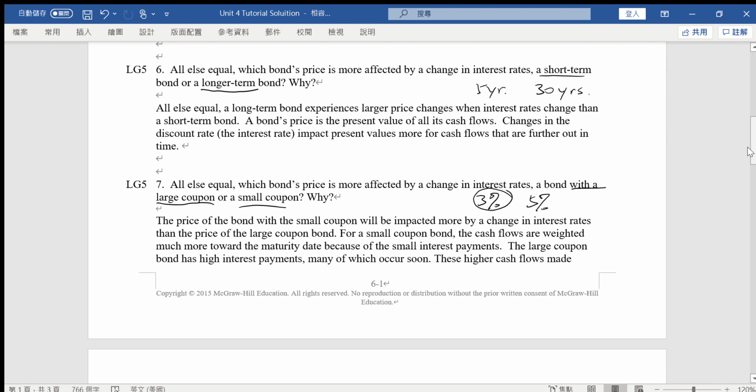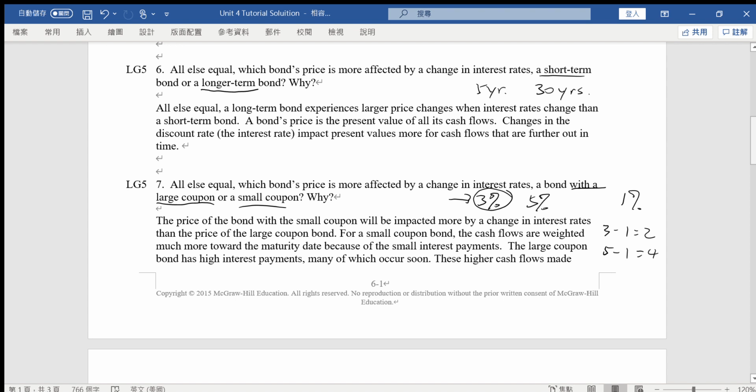Because this one is more sensitive in nature. Take any change, for example a 1% change, and assume it has the same effect on the bonds concerned. What will happen to this 3%? 3 minus 1 becomes 2, right? But for the 5 one, 5 minus 1 is 4 only. Comparatively, which one is much more affected?